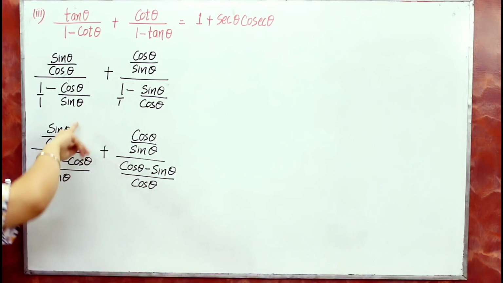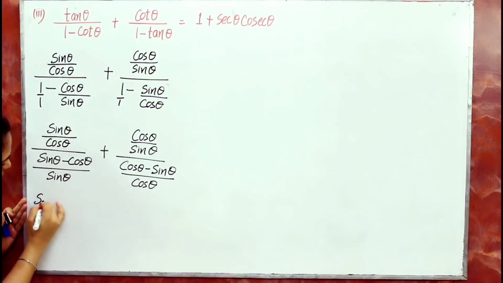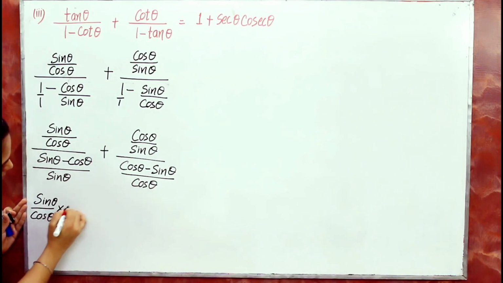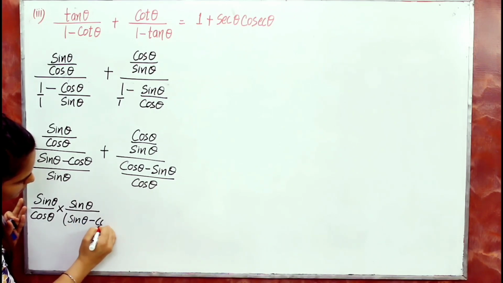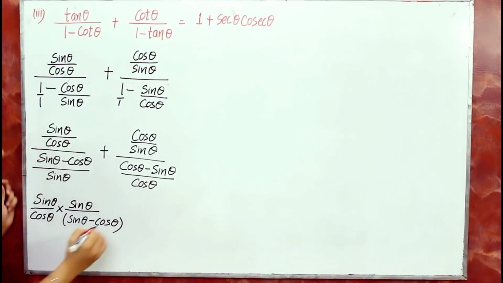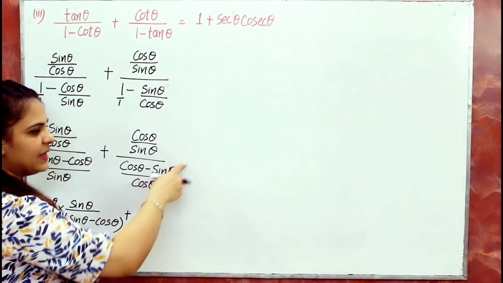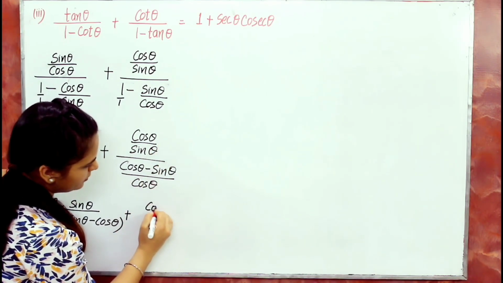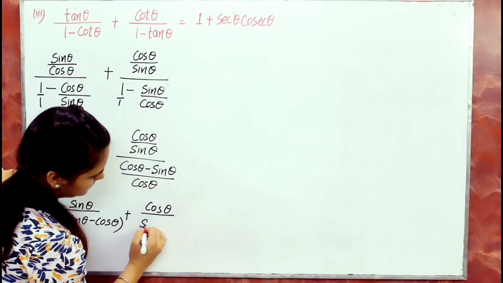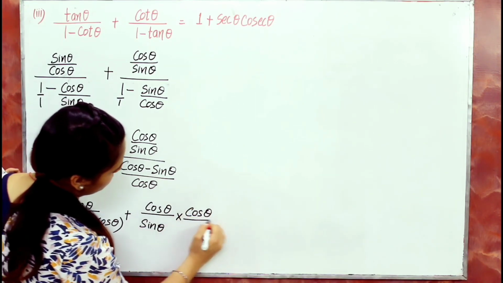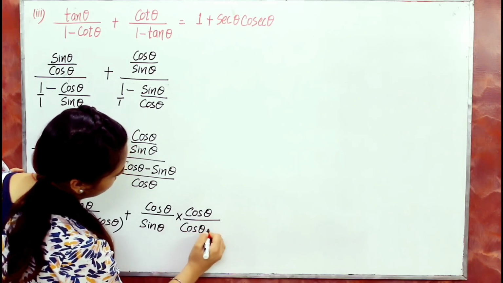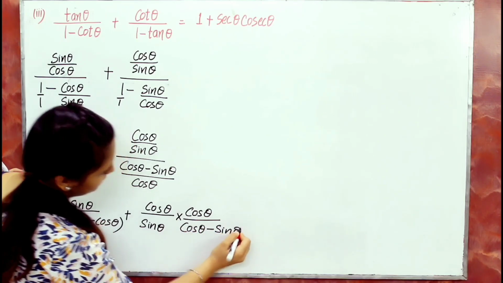Now by taking reciprocal, sin theta upon cos theta, and I am taking reciprocal here, so this will be sin theta upon sin theta minus cos theta, and here also we will take reciprocal, so this will be cos theta upon sin theta multiplied by cos theta upon cos theta minus sin theta.